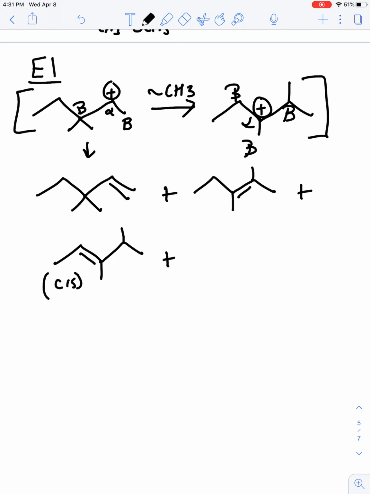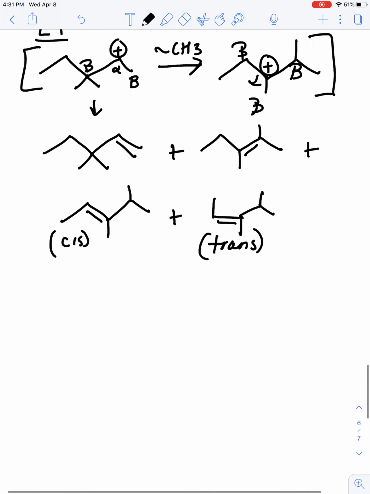So this is our cis. We also can form the trans. And then we also have this product here. So again, there's a lot of products that can form.